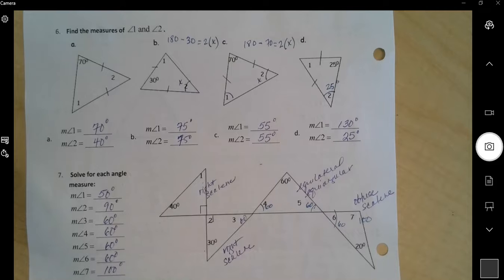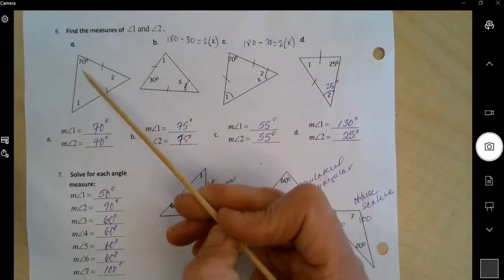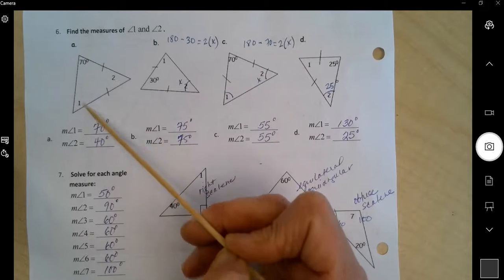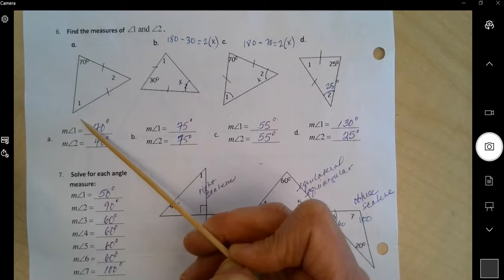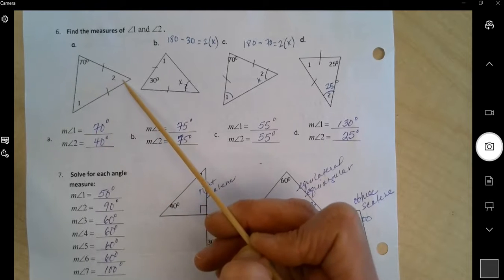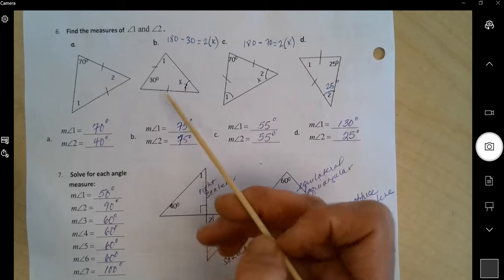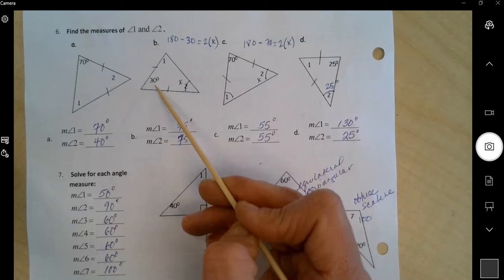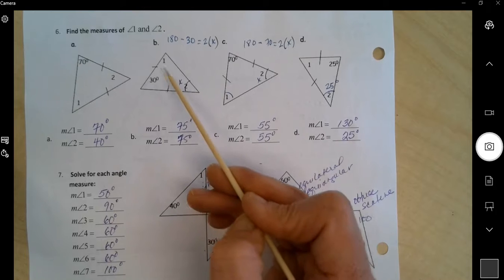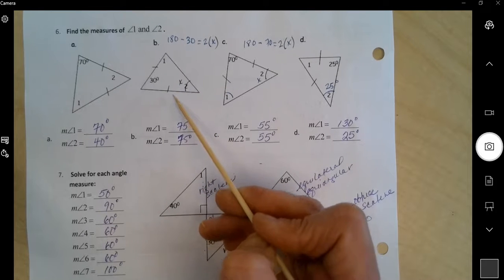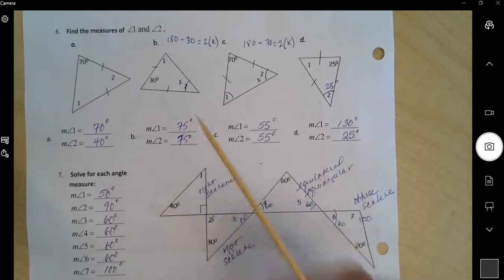Depending on if I'm given one of the two congruent measures, so here these are two congruent, so 70 plus something has to equal 180. Those are the easier ones. When I'm given just my vertex angle, I know that 1 and 2 have the same measure because they're opposite of the congruent sides. So I'm going to take 30 away from 180, and then I'm going to split the difference to see what's left.